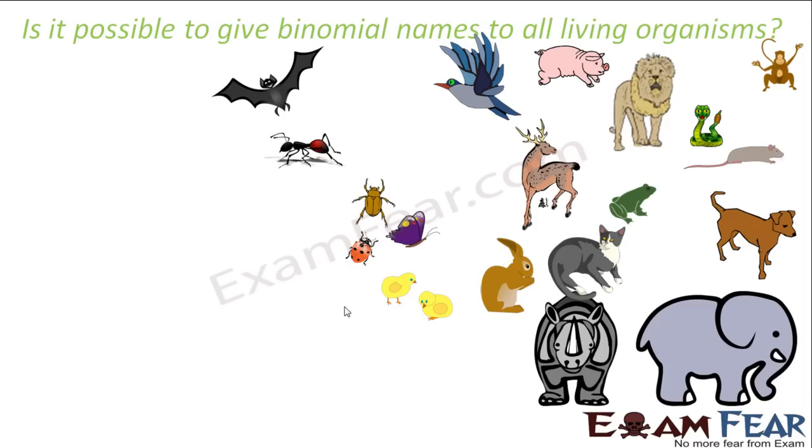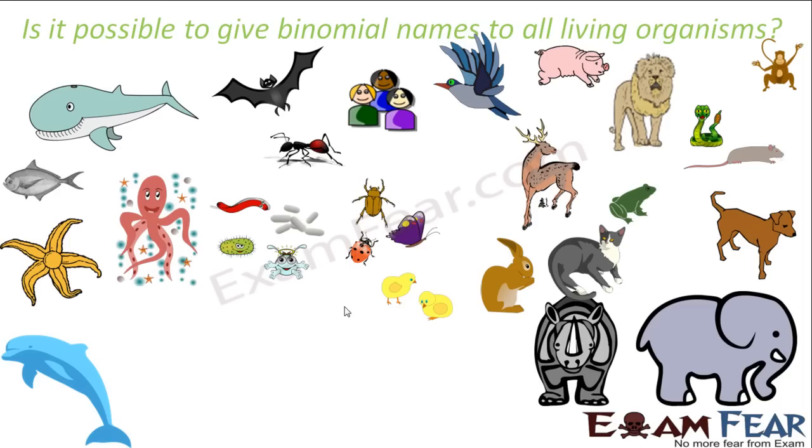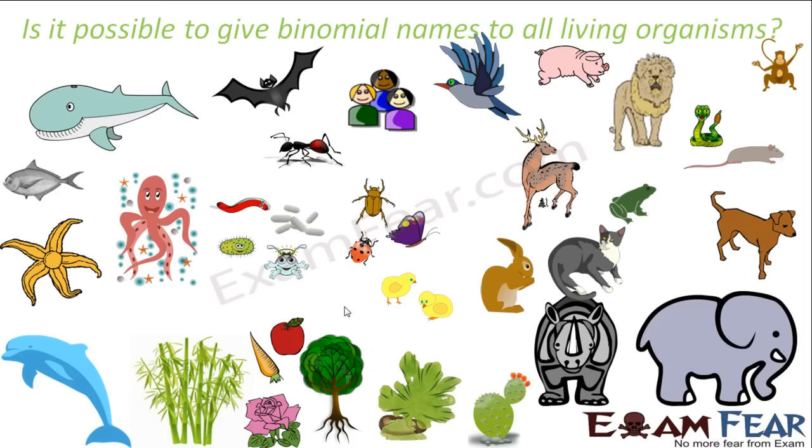Just think of the variety of life we have on this earth. Is it feasible to study each and every organism? We just cannot give a name blindly. Studying this huge variety is not at all possible. So giving binomial names to each and every living organism is again not possible.